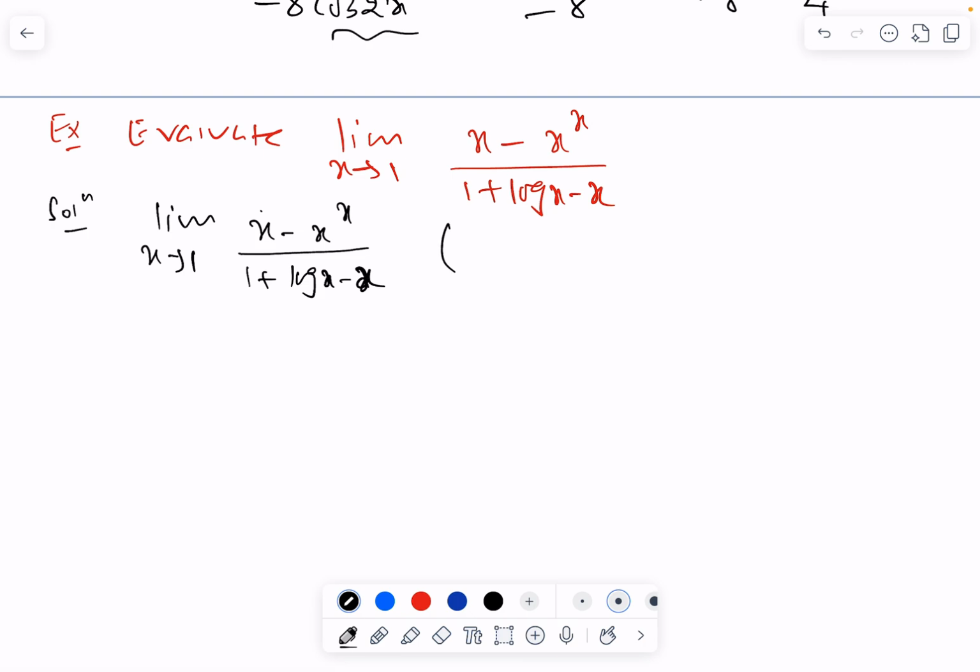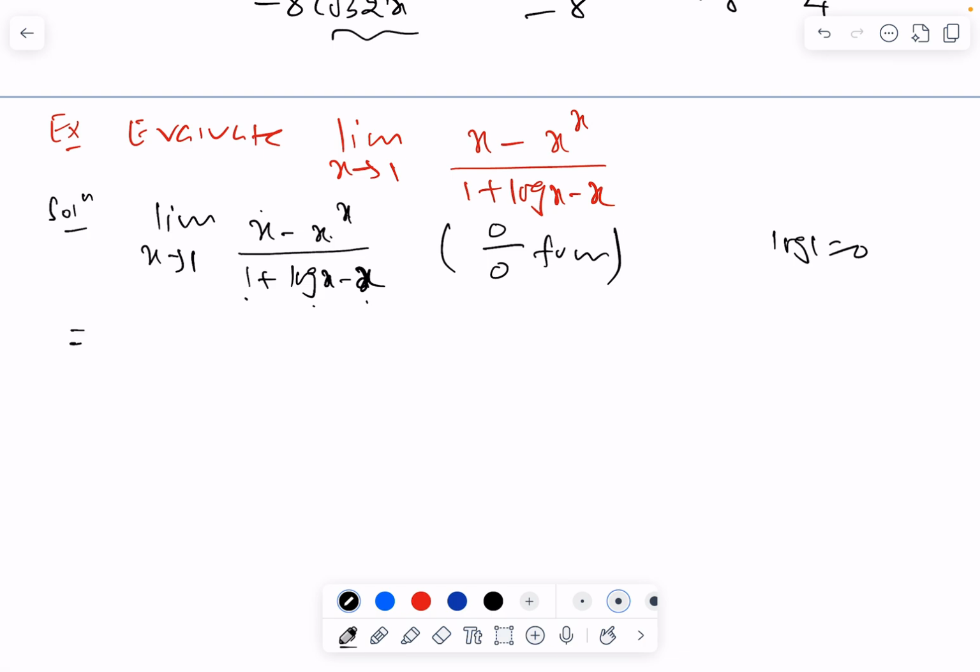Now as x tends to 1, this is 1, and this is 1 power 1, so this is 1. So 1 minus 1 is 0. Log 1 is 0. So this is 0, this is 1, this is 1, 1 minus 1. So that is also 0. So that is 0 by 0 form.